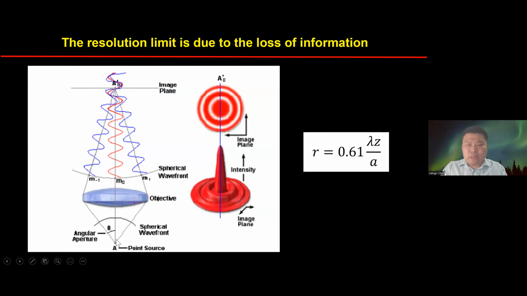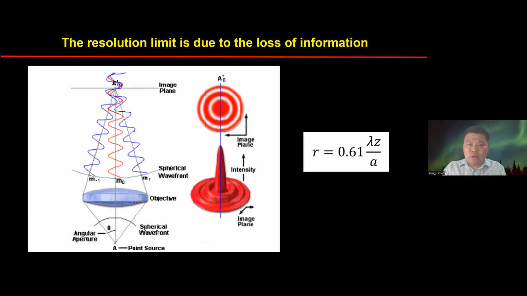When you have a sparse fluorescent object here, it actually emits light 360 degrees. However, only a limited amount of light will be collected by your objective. That is limited by your NA, numerical aperture. So in the first place, your objective did not capture every light or photons it emitted.